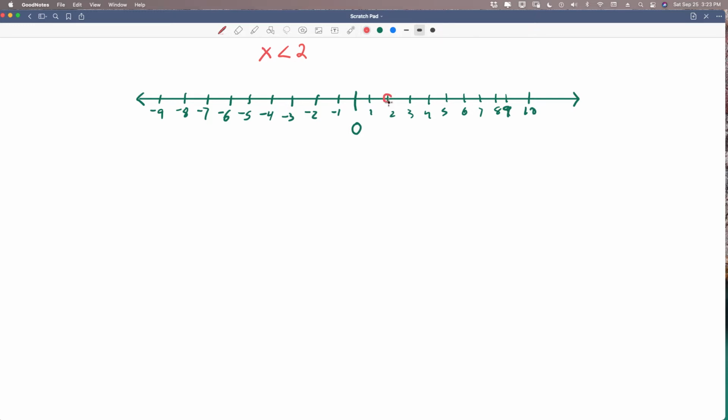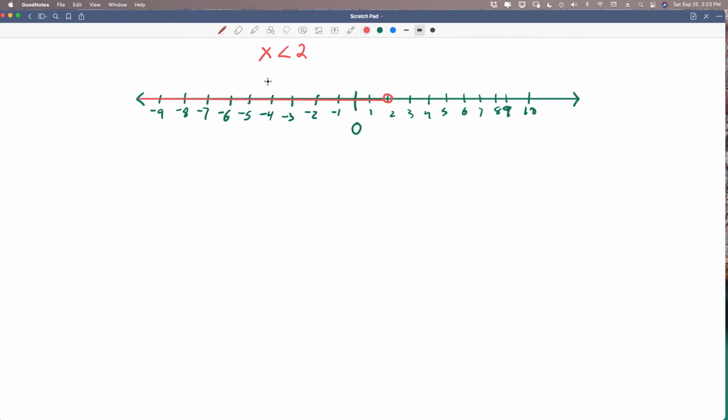We circle the number 2, and we leave that circle open because it doesn't include 2, but it includes everything up to the 2.